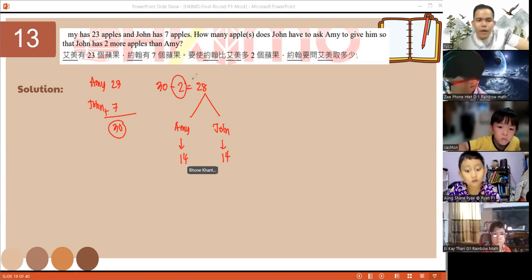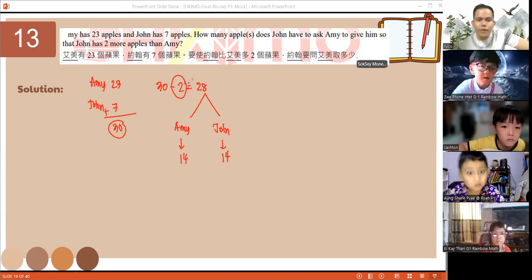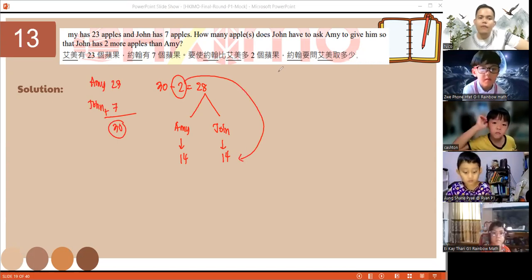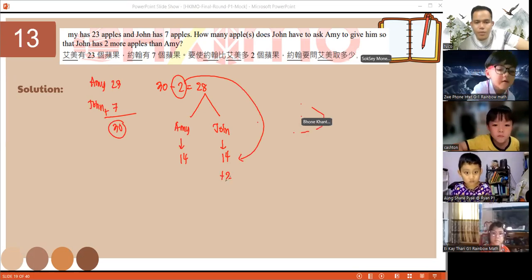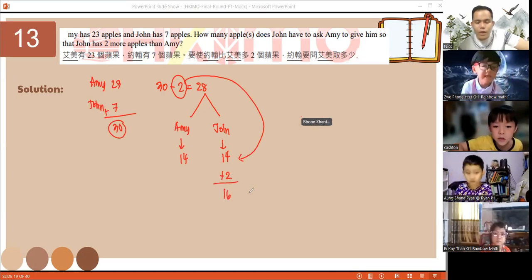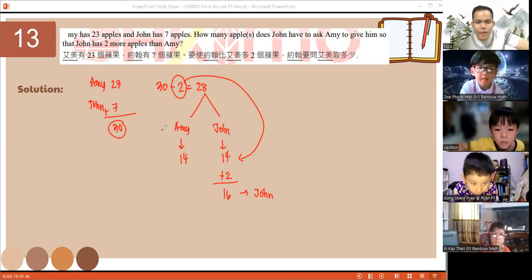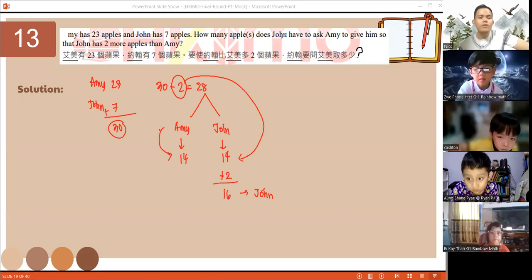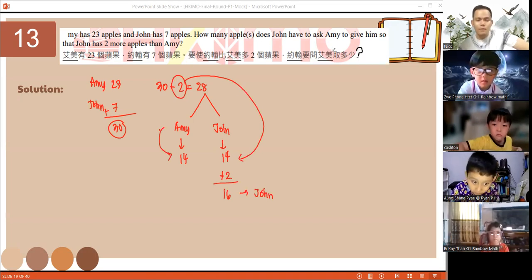Now, the 2 that we removed from 30, we add it here to John because John should have 2 more apples than Amy. So plus 2. All in all, John has 16 and Amy has 14. So now the question, how many apples does John have to ask Amy?